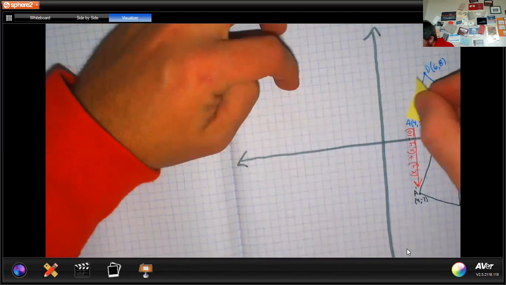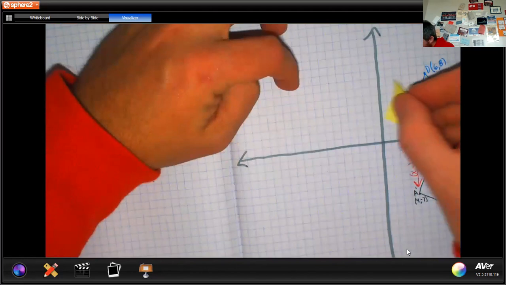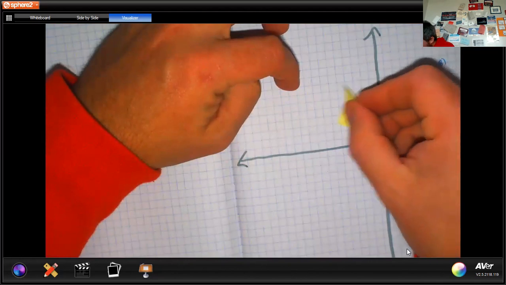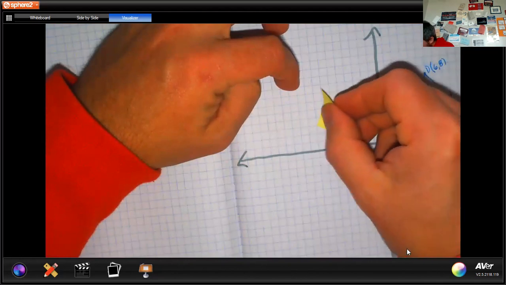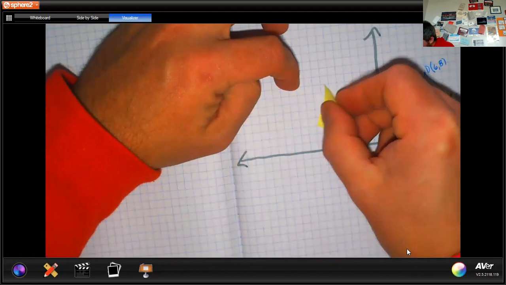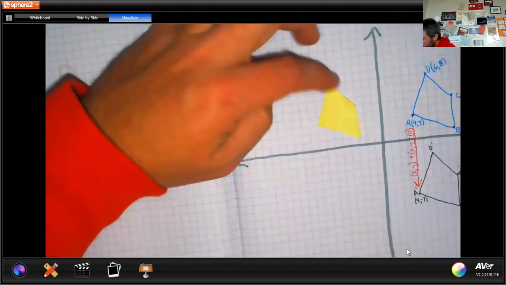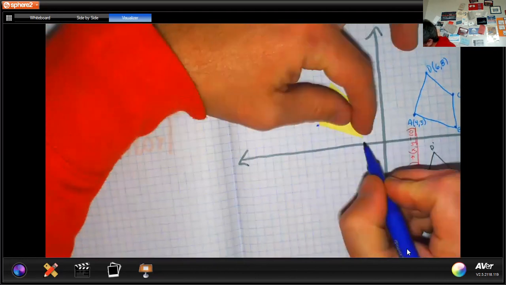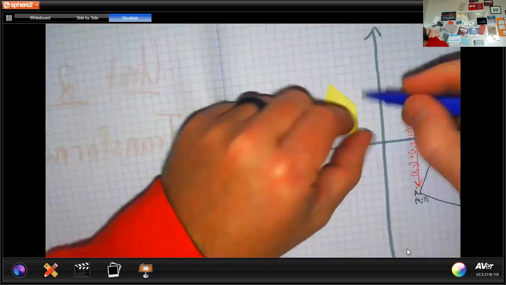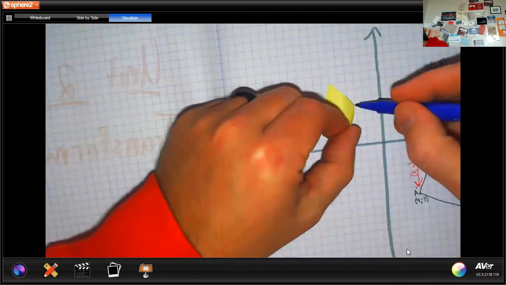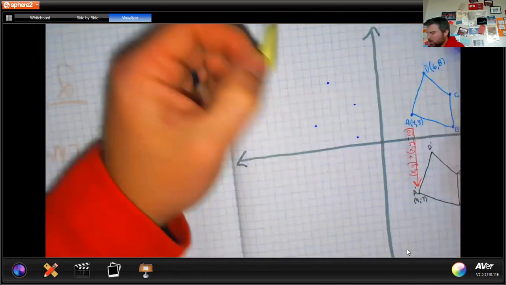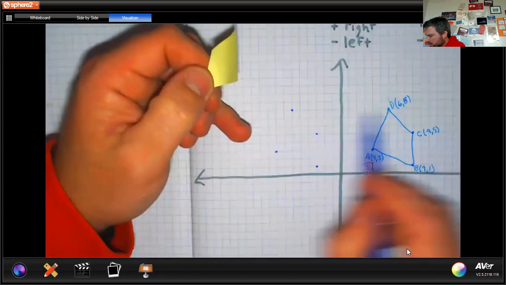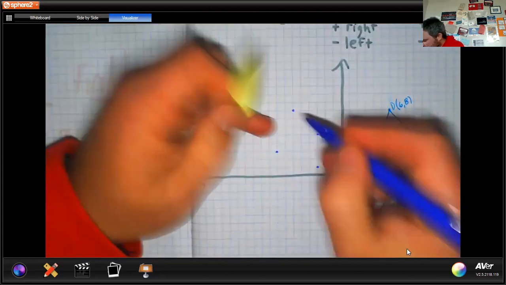So 1, 2, 3, 4, 5, 6, 7, 8, 9, 10, 11, 12. So right in there. So I could put a dot here, and here, and here and there. Now, some of you could probably just figure out that I'll just take this and count to the left 12, and that's okay too.